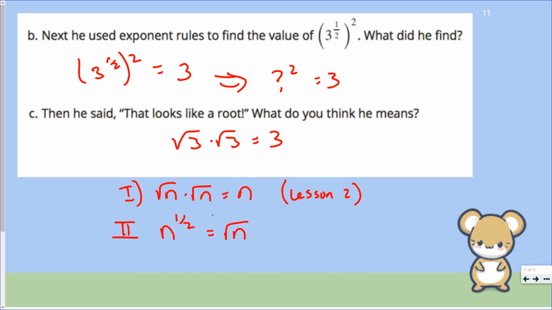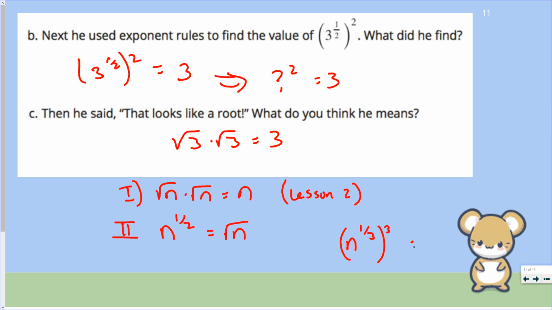So now my next question is, could we do the same thing for cube roots? So what if I went back and changed this fraction up a bit, and try n to the 1/3 to the 3 power.